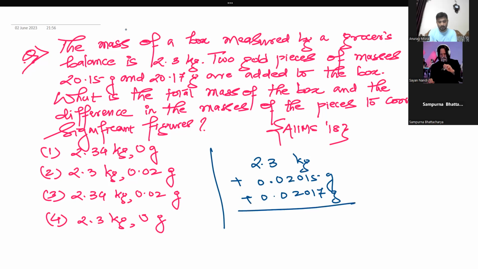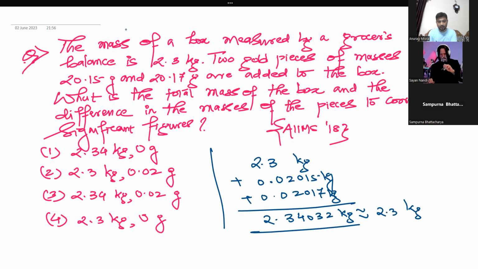So kg, kg. Add these. What do you get? You get 2.3402 kg. But this first has one place of decimal. In दोनों में 1, 2, 3, 4, 5 place of decimal हो रहा है. So we can write the result as 2.3 kg first.